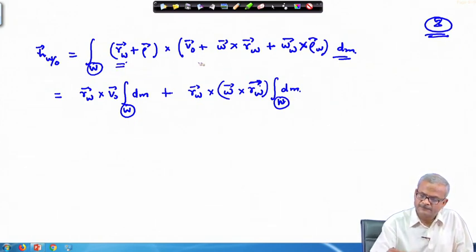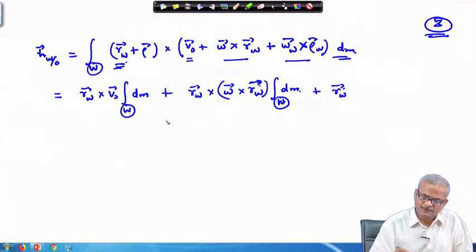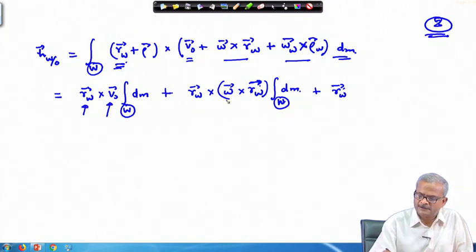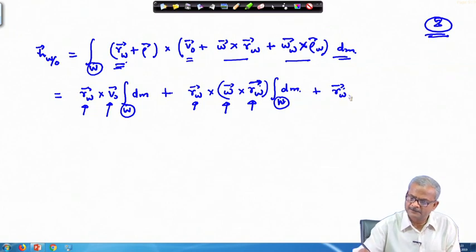This term with respect to this term we are expanding. You can see that this term is not dependent on the wheel mass, and all the terms here are not dependent on the wheel mass, and therefore, they are taken outside the integration sign.